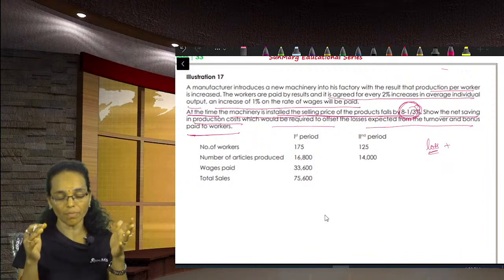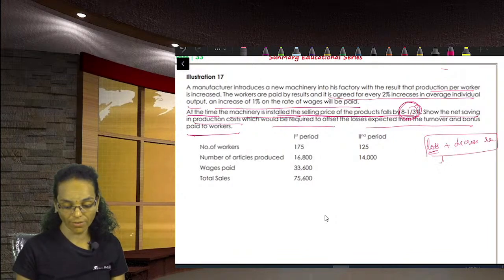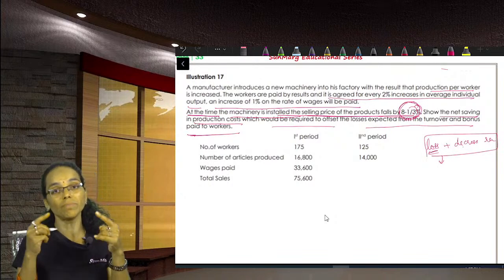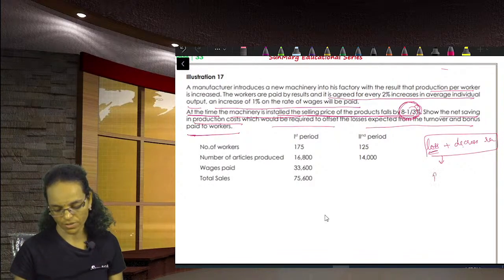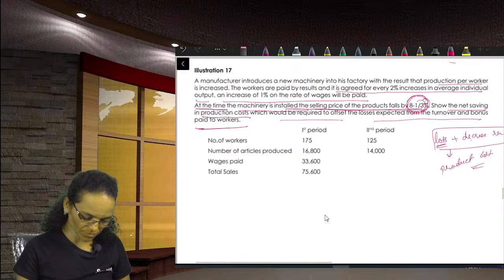This is also a loss to the company, a decrease in revenue. So these two costs must be saved from the production cost, so that the company will not go under losses. We will see.